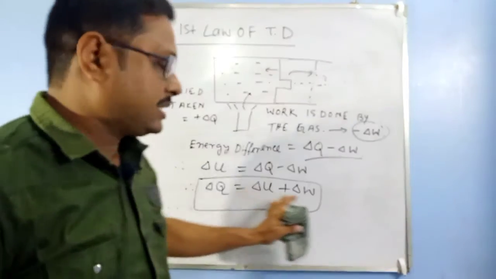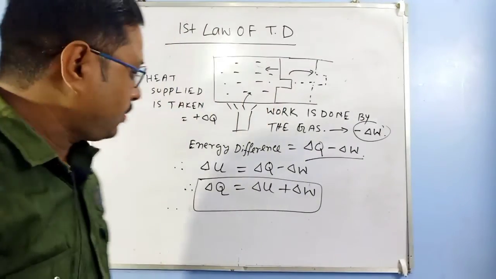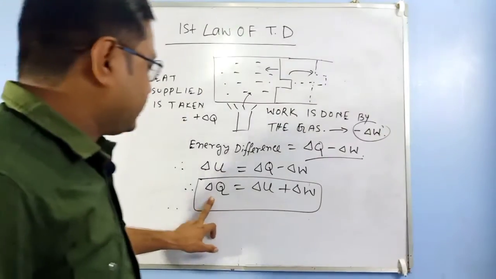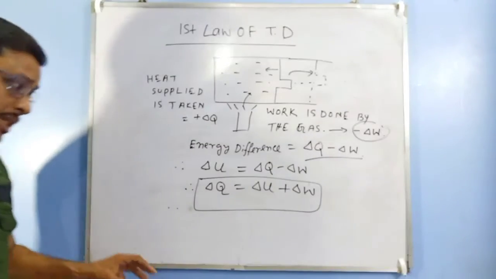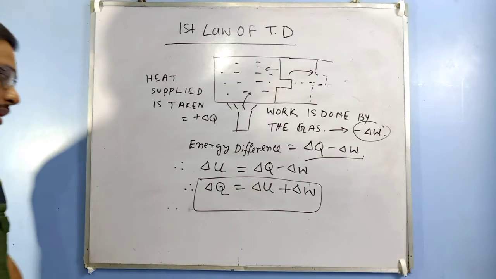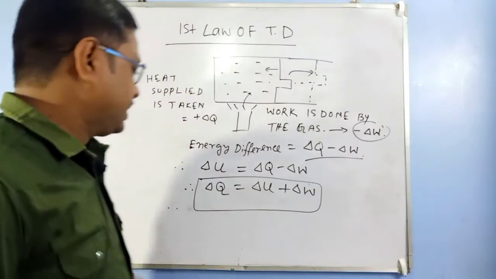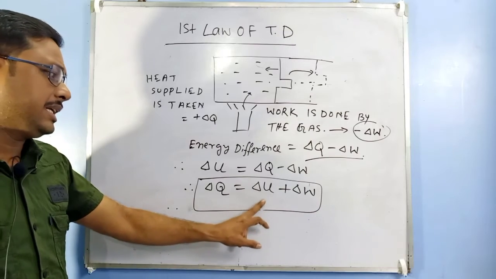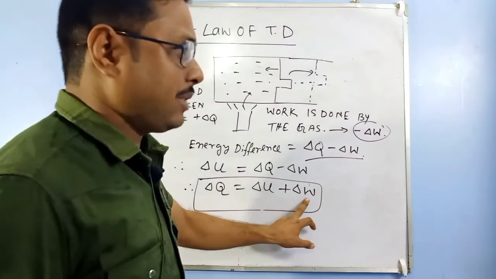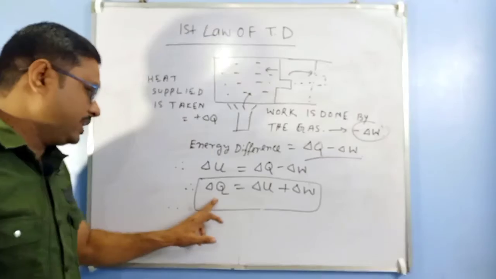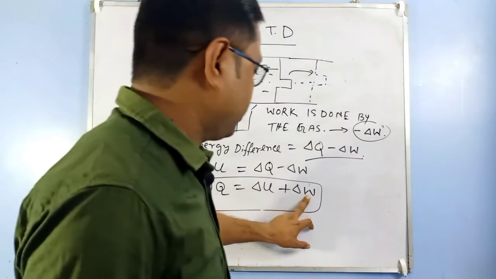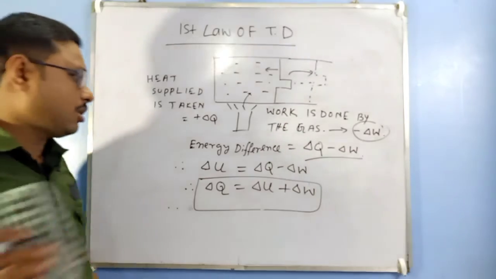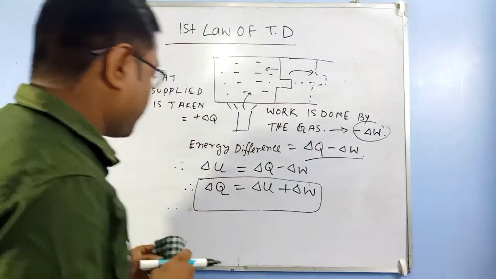I hope you understand it. So again, when a system is given some heat, it is capable of doing some work, equal to the sum of the change in internal energy plus external work, that is delta Q is equal to delta U plus delta W, the mathematical form of the first law of thermodynamics.